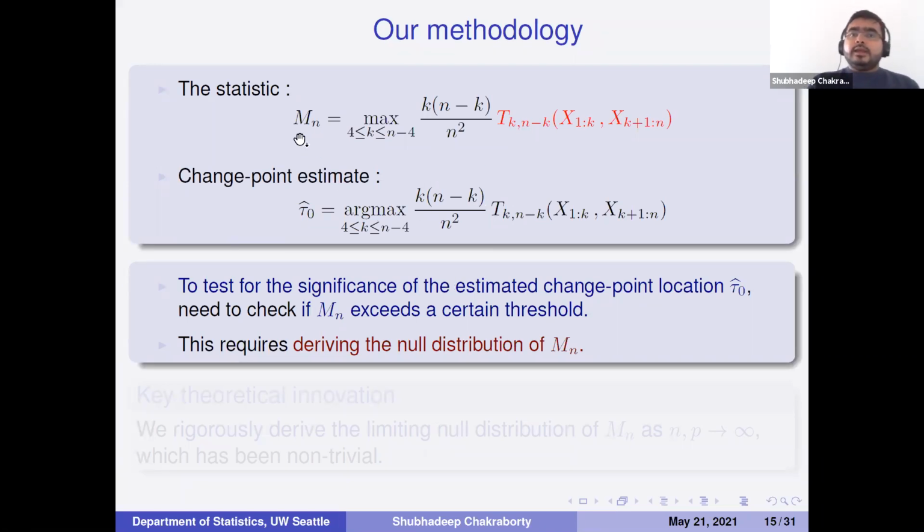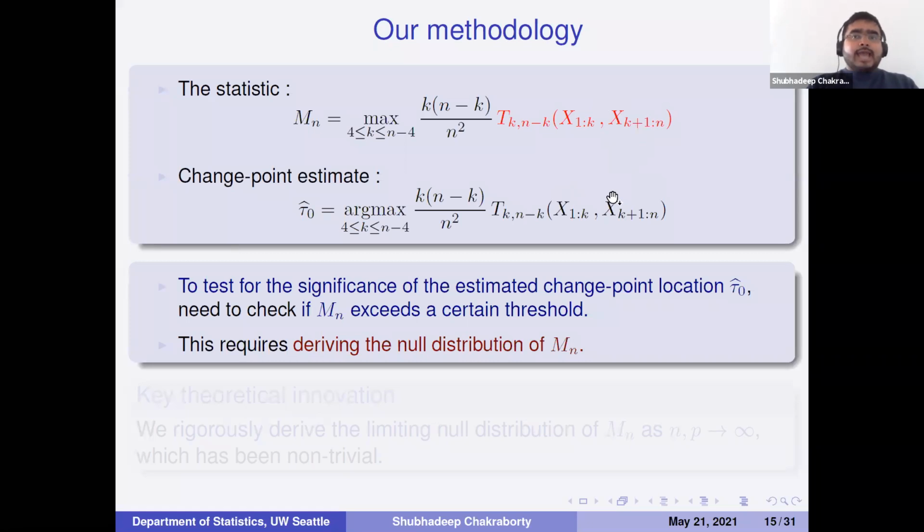And the maximum value is given by M_n, which needs to be checked whether it exceeds a certain threshold in order to claim that this candidate change point location tau naught hat is a significant change point location. Just a quick thing to point out: we have 4 and n minus 4 here because the computation of the statistic takes at least 4 samples on each side.